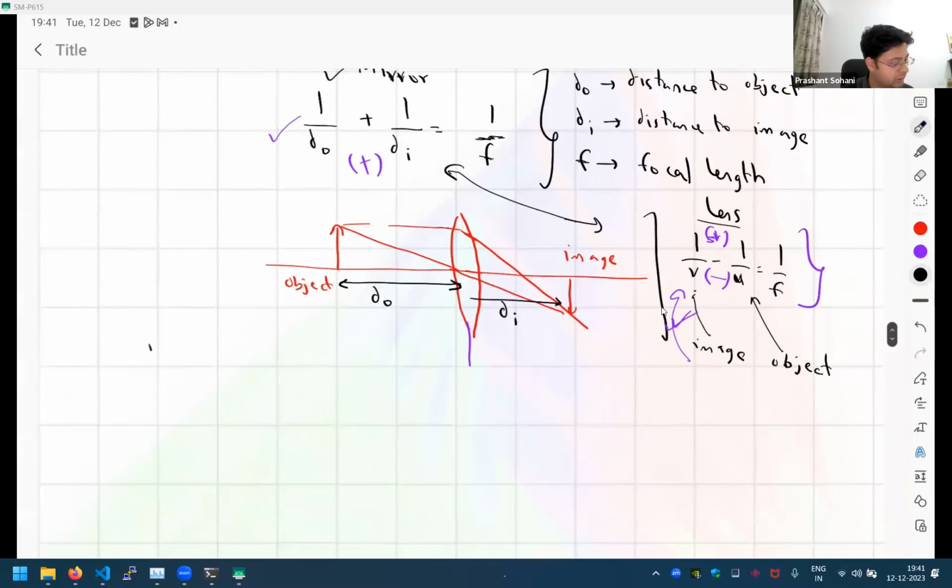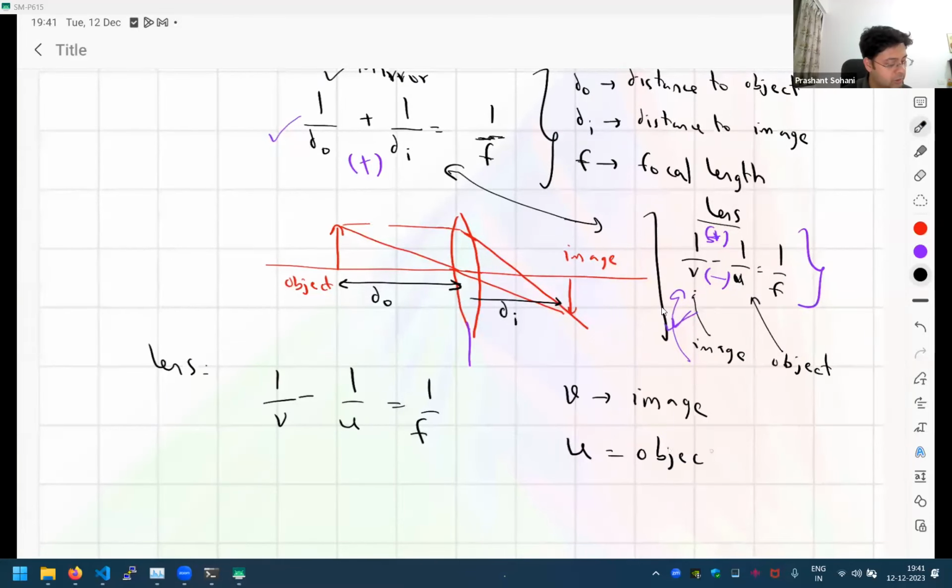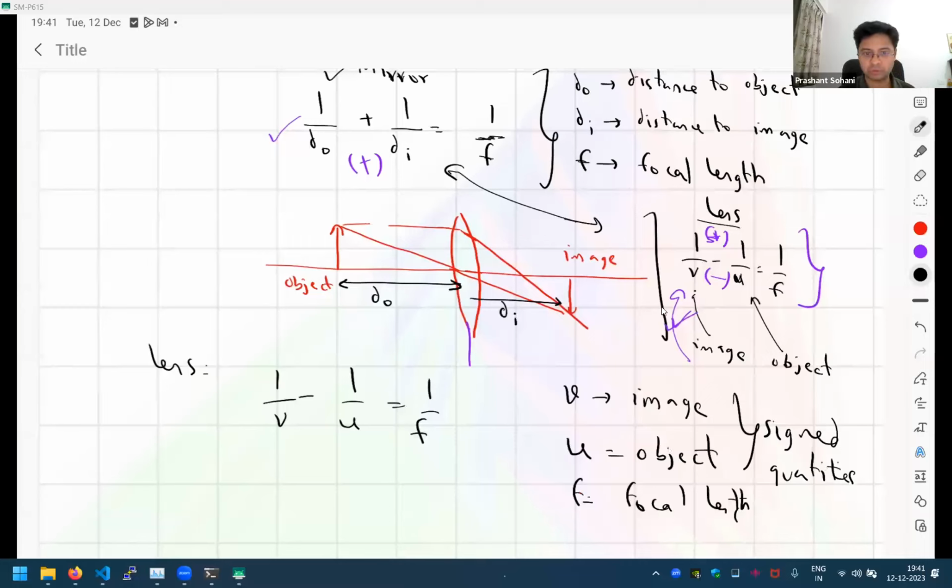So for a lens, what we are saying is 1 by v minus 1 by u is equal to 1 by f, where v is the distance to the image, u is the distance to the object, and f is the focal length. But very importantly, these are all signed quantities. Those who are seeing this for the first time may get confused that there are two formulae, which one we should use.